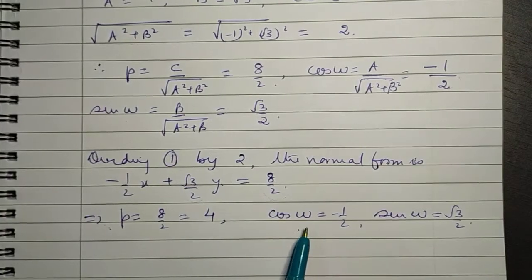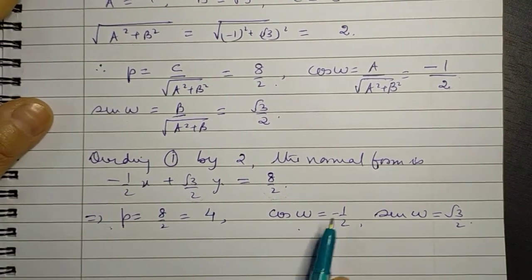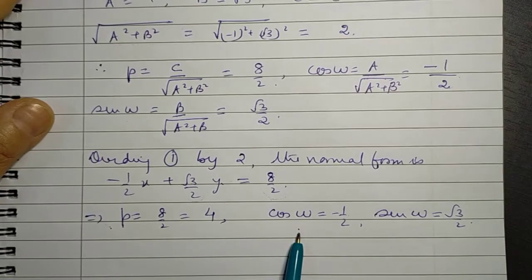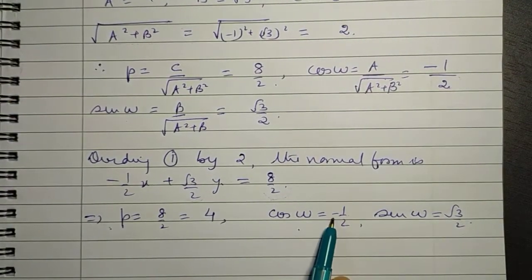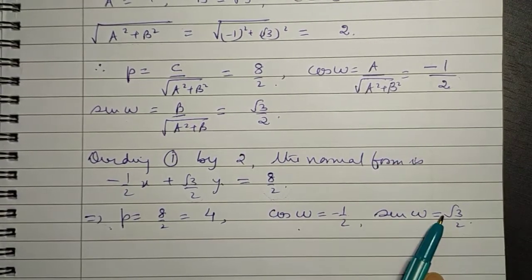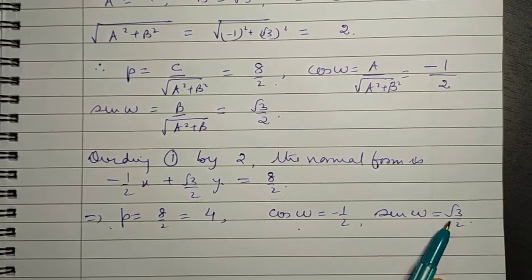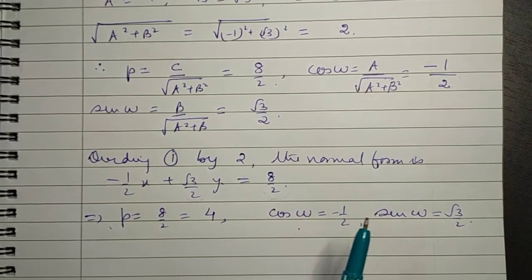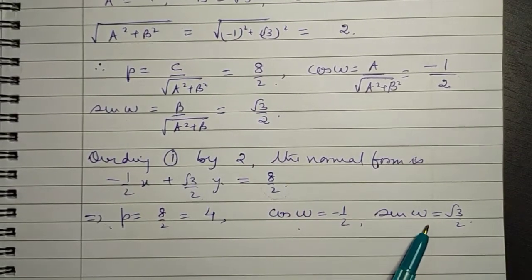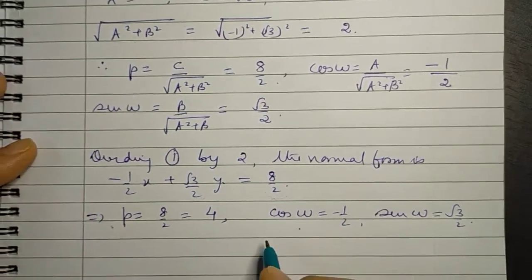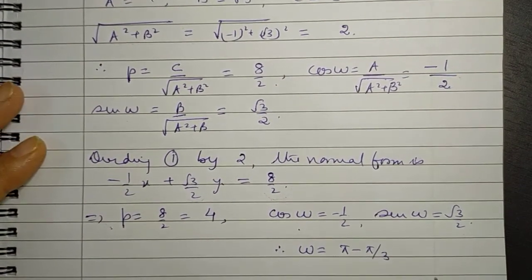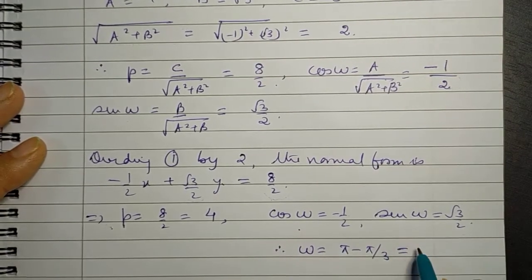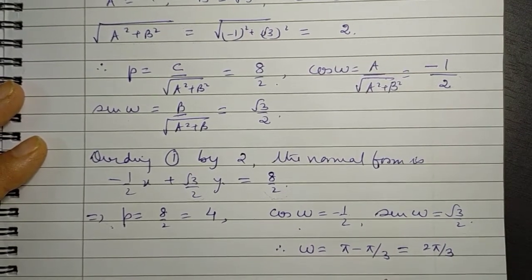Now if you just observe, cos is half when the angle is 60. Sin is also root 3 by 2 for 60. But here cos is negative, sin is positive. So we have to look for that quadrant where cos is negative but sin is positive, and that quadrant is the second quadrant, and therefore omega should be equal to pi minus pi by 3, which is equal to 2 pi by 3.